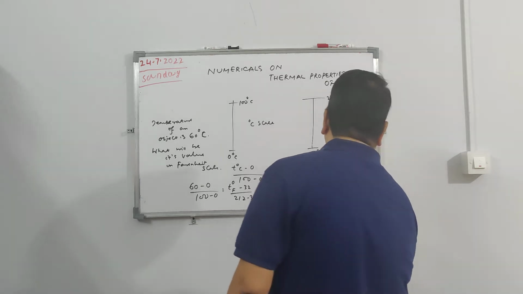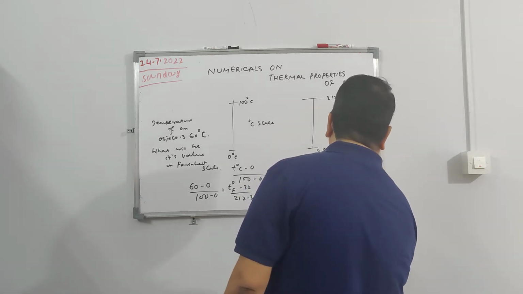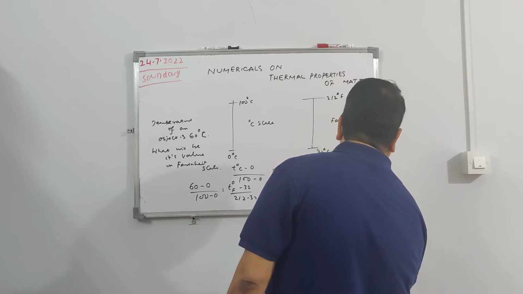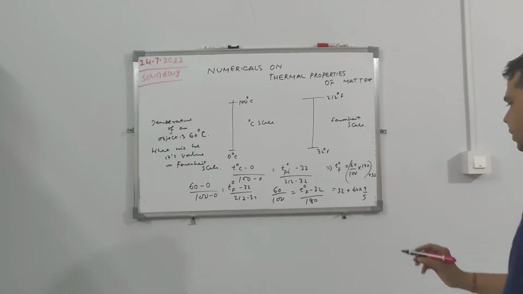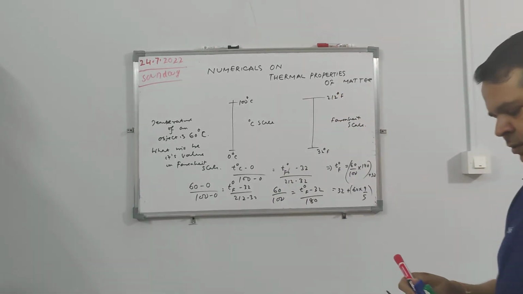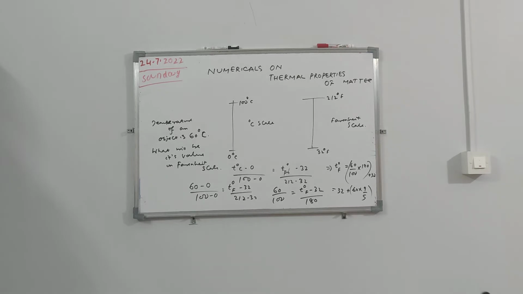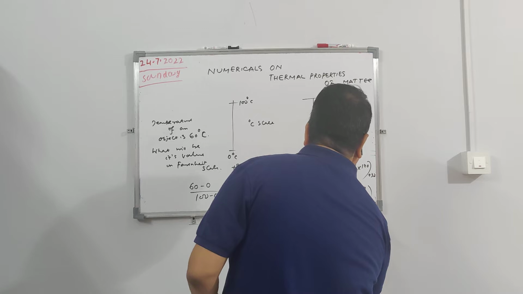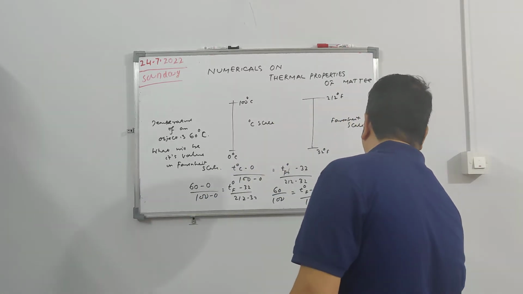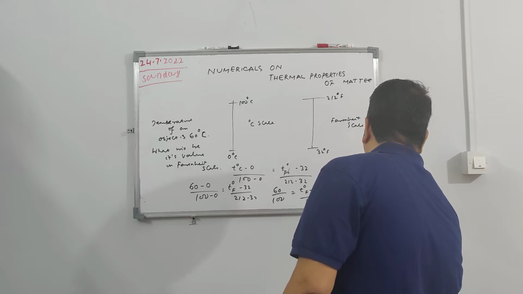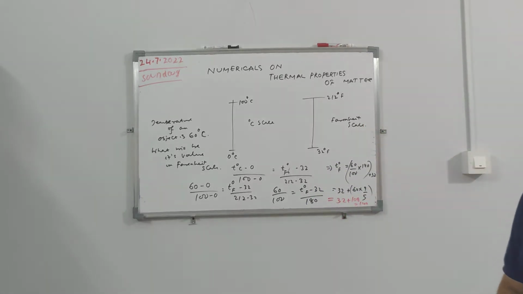So it becomes 32 plus 60 into 180 by 100, which is nothing but 9 by 5 times 60, right? So this is how you do it. So this becomes 32 plus 108, which is equal to 140, right? So 140 is the answer.